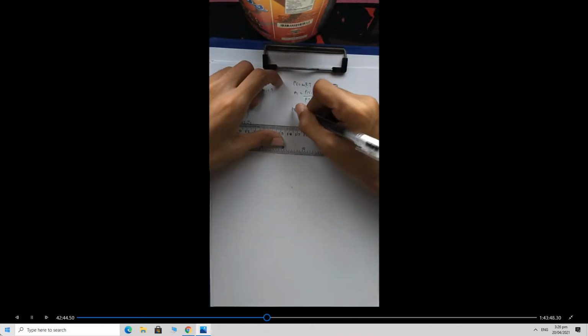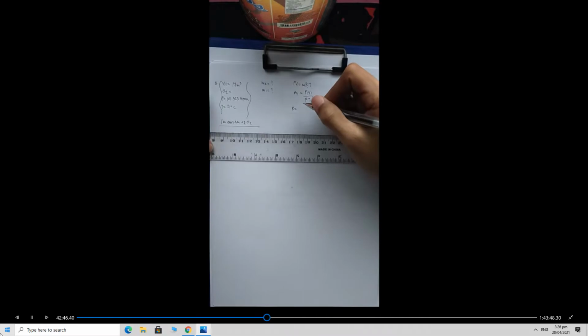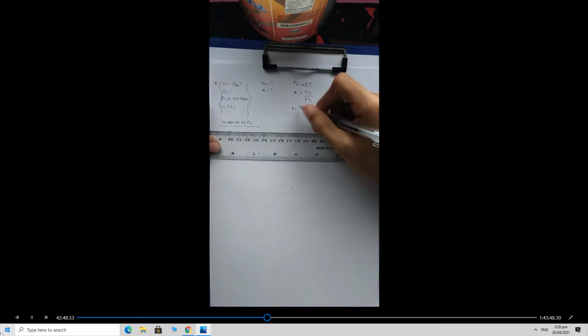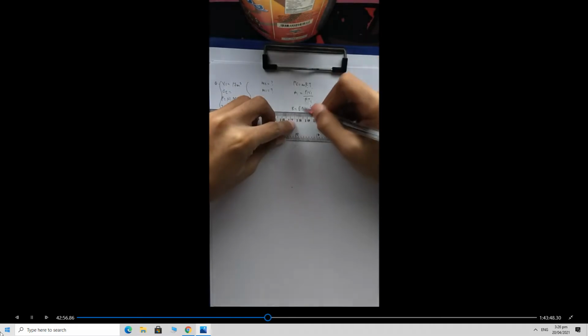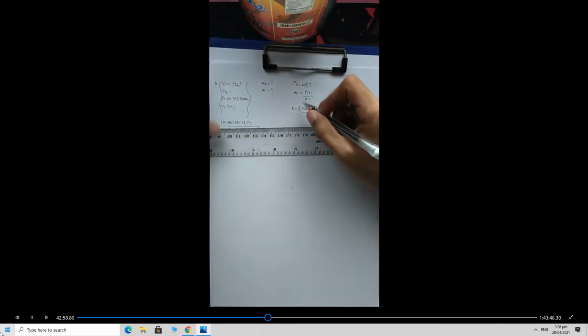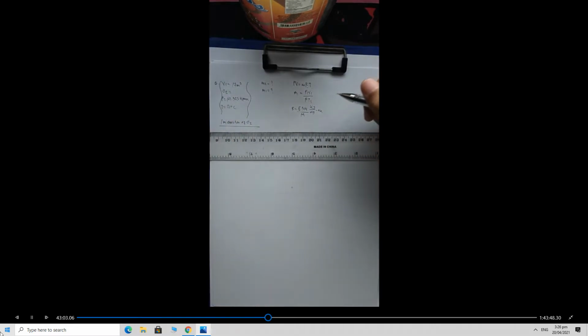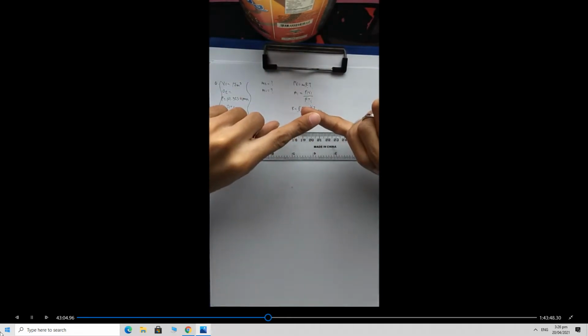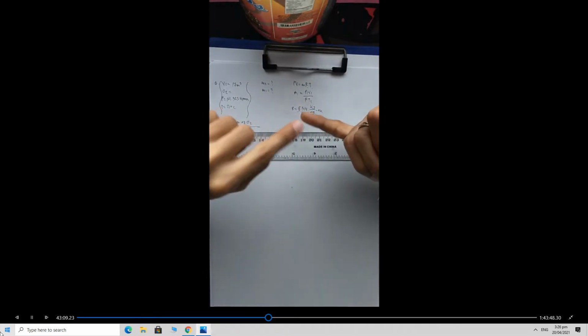So the value for gas constant R is equivalent to, since this is in metric system, 8.314 kilojoules per kilogram degree Kelvin, dividing the constant 8.314 by the molecular weight. And molecular weight for oxygen, we know that the molecular weight of one atom of oxygen is 16.